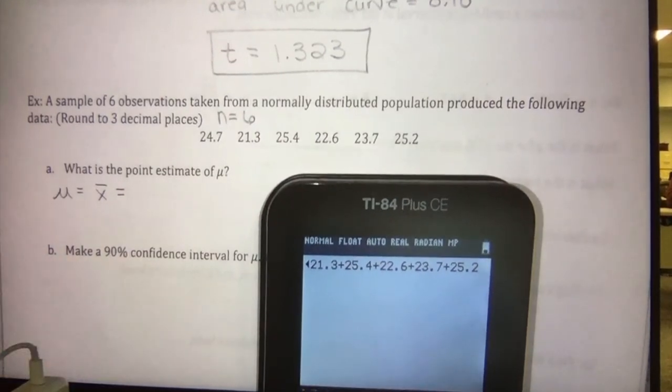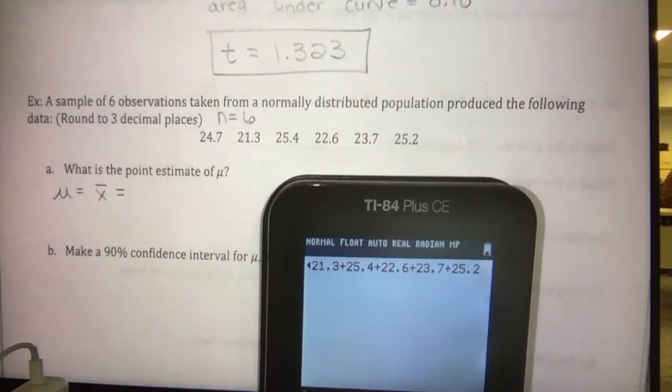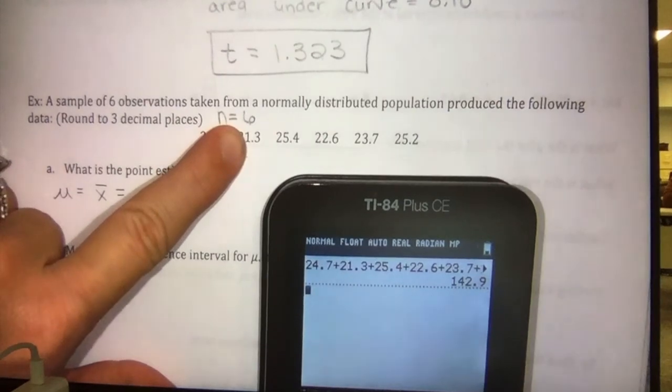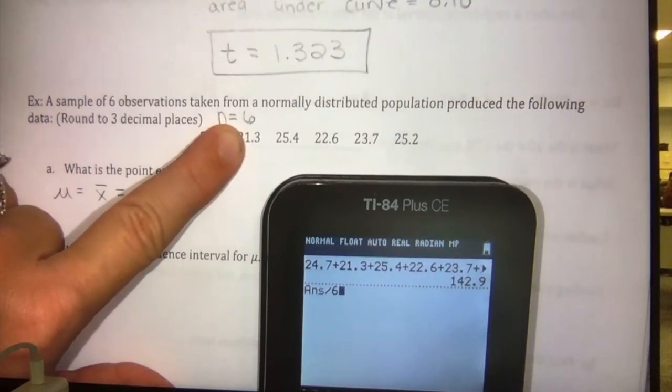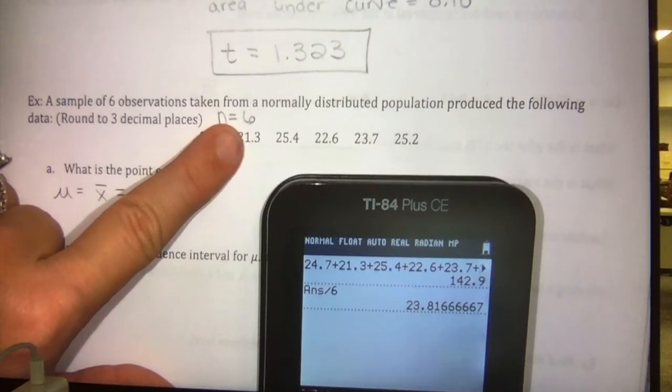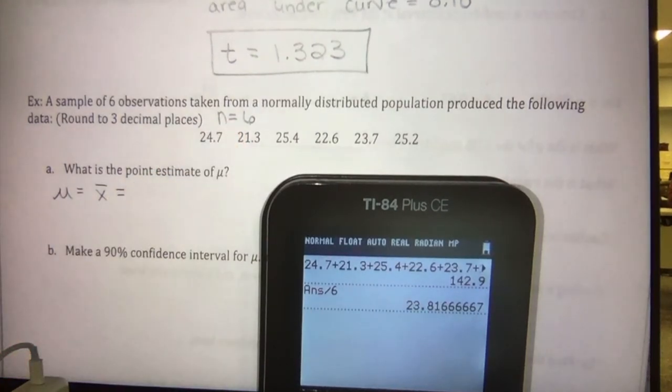Just adding them all up. And we know we are going to divide by the number there are. There are 6 things, so divided by 6. Boom, that gives us 23.1866, which rounds to 3 decimal places as 23.817. Boom, that's our answer.